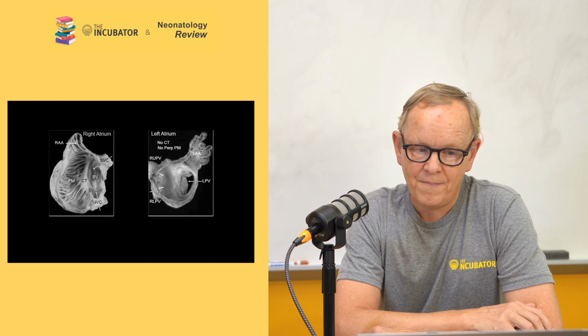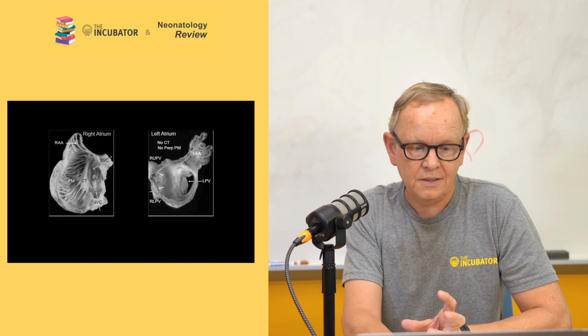I'm going to talk about those, but from a cardiology standpoint, that asymmetry is often related to the atria. You have a clear morphological difference between the left and the right atria. On this picture, you see the right atrium, and you have these papillary muscles, which are very trabeculated, and they go all the way up into the right atrial appendage.